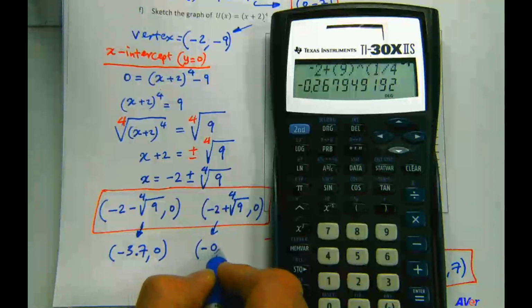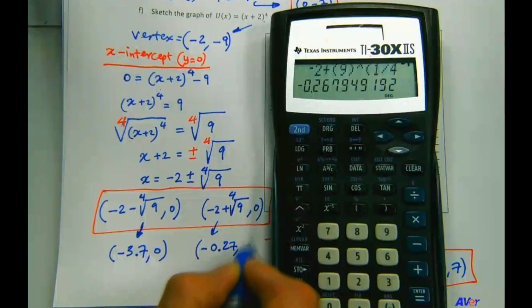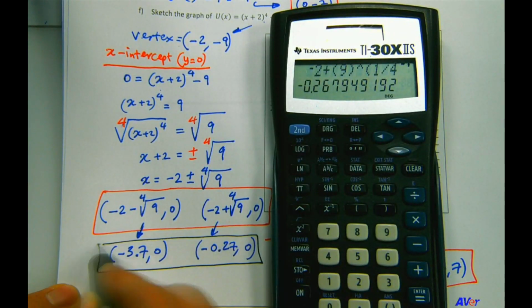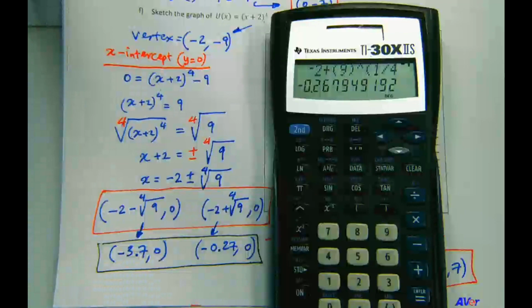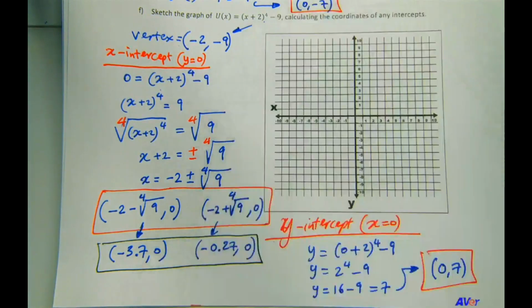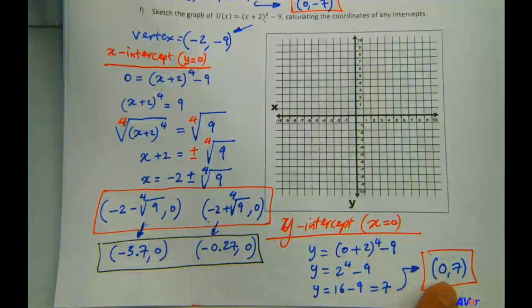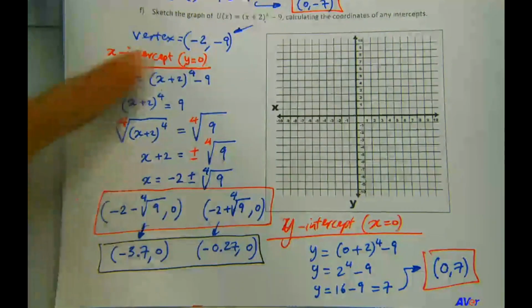Minus 0.27 comma 0. So these are the x-intercepts, and I wrote them like that so we can visualize or imagine them in our mind better than those numbers. That's why I did that. But with computers, of course, it makes no difference. I'm going to enter in the computer like that because it's going to be exact. Okay? So let's use the y-intercept, the x-intercepts, and the vertex here.